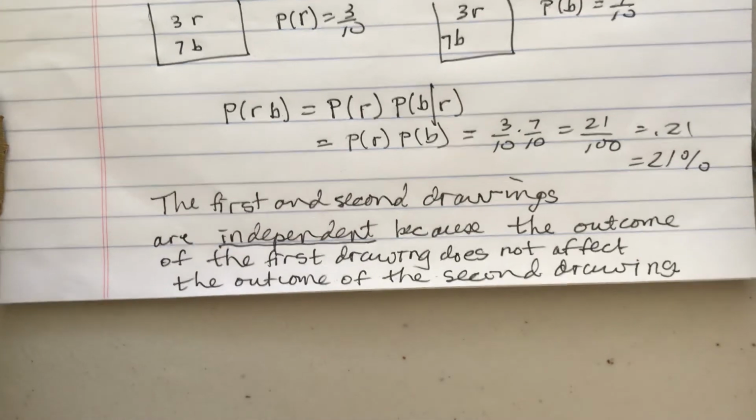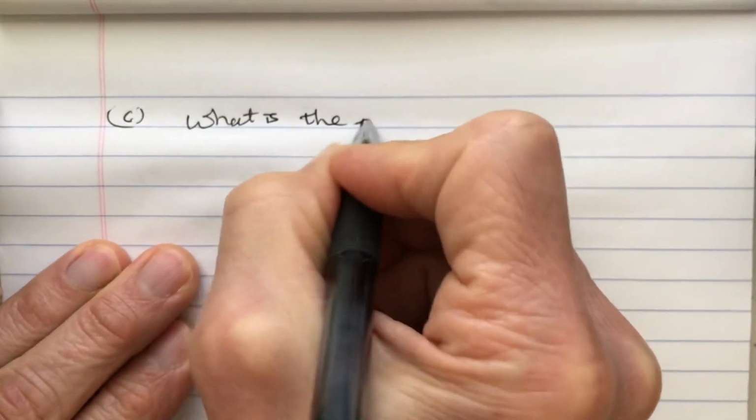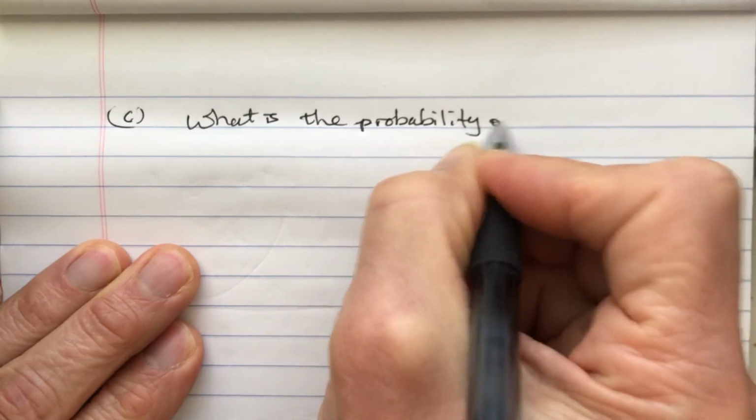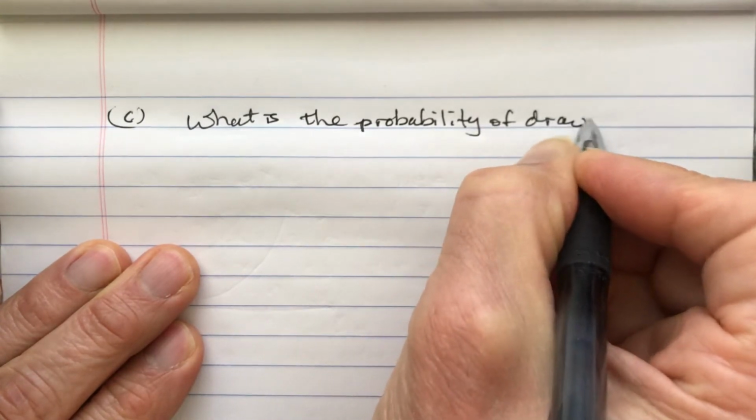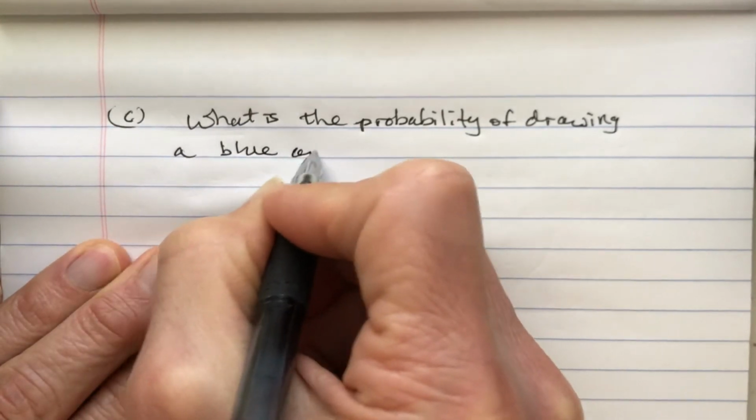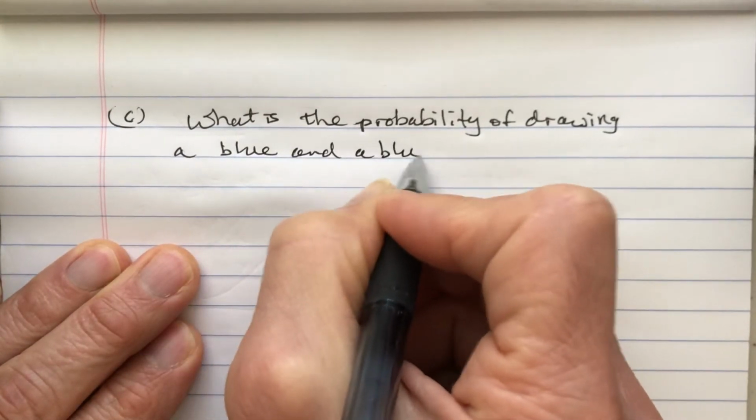Okay, let's move on to another one, C. What is the probability of drawing a blue and a blue?